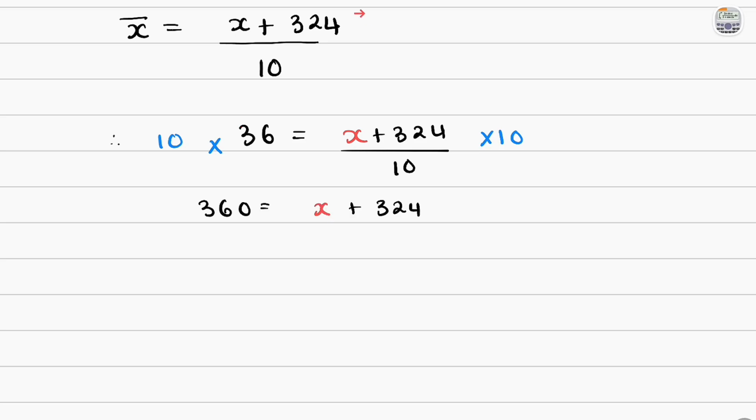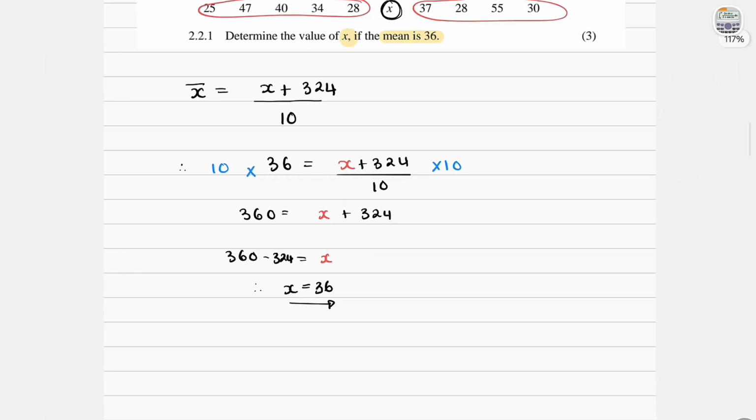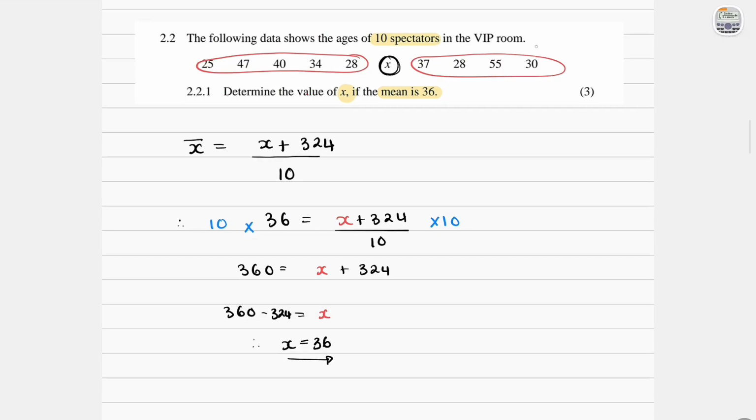So to solve for x, again, you're just going to isolate the x, take that over. So we're just saying that x is equal to 360 minus 324. And finally, we'll just say x is equal to and put down our answer. Okay, which is indeed, 360 minus 324 is indeed 36. And there we go. So x really is equal to 36. Moving on to the next question.